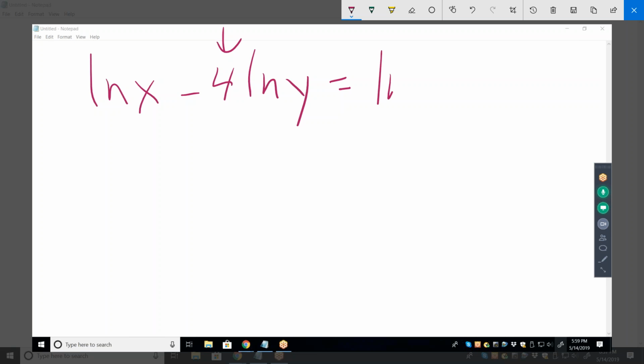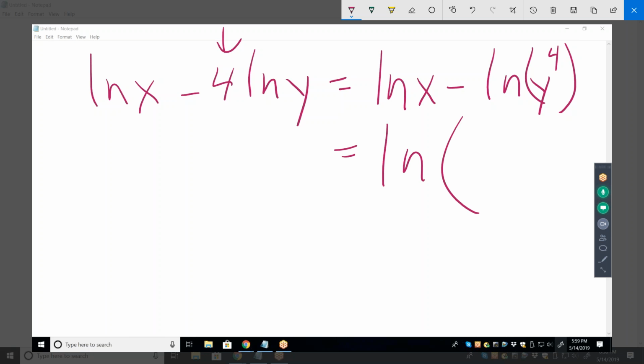Okay, so first of all, I get this. I'll put parentheses around that just so you're clear. Now what can I do? I am subtracting 2 natural log functions. I want to turn that into 1 natural log function. What is it?